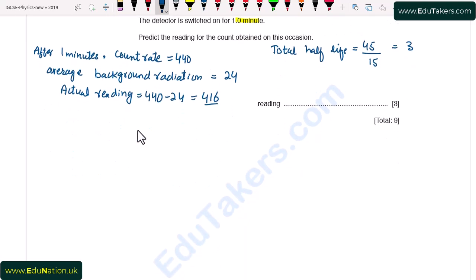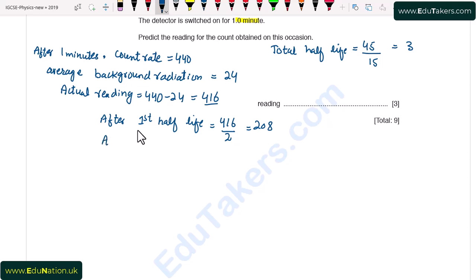Now I write here when the first half-life passes, then the count will be 416 divided by 2. It comes to be 208. Because half-life is the time during which half of the element decays. That's why I divide 416 by 2 so that I get 208.